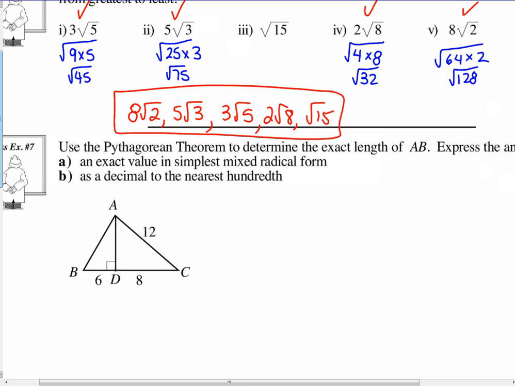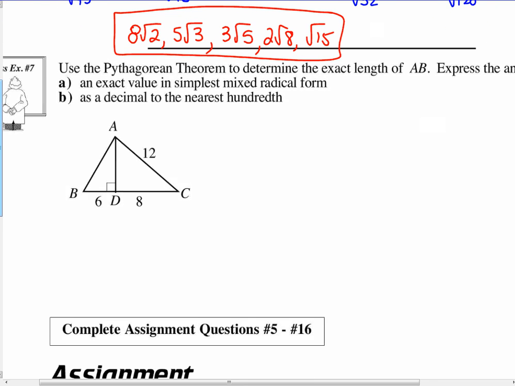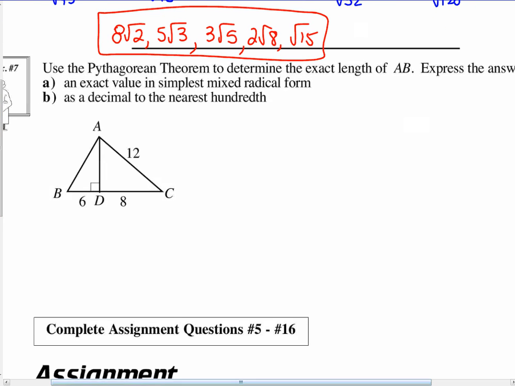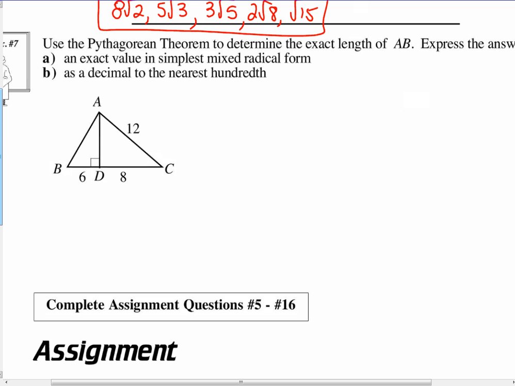Okay, so let's talk about Pythagorean theorem, everyone's favorite thing. With Pythagorean theorem, in the past, you'd often get decimals as answers. So what if we want to leave it as an exact value? This example says, use Pythagorean theorem to determine the exact length of AB. Express your answer in simplest mixed radical form and then also as a decimal.